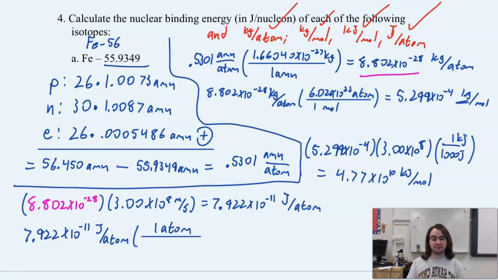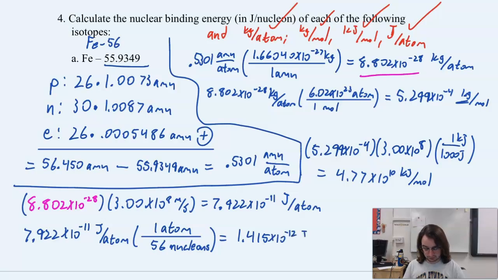So how many subatomic particles do I have in total in this atom? I have 56, so I have 56 nucleons. All I did was add up the electrons, the protons, and the neutrons, and that's how I got the 56. Do that math, and I get 1.415 times 10 to the negative 12 joules per nucleon.